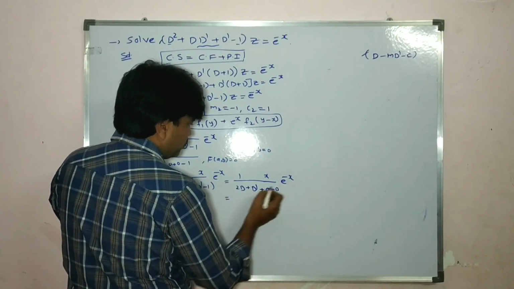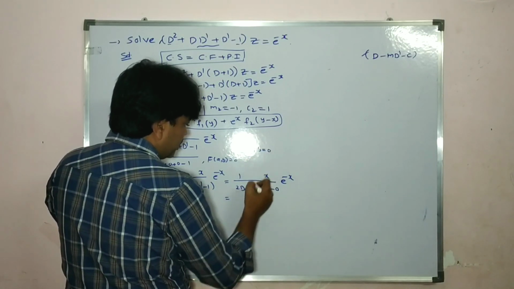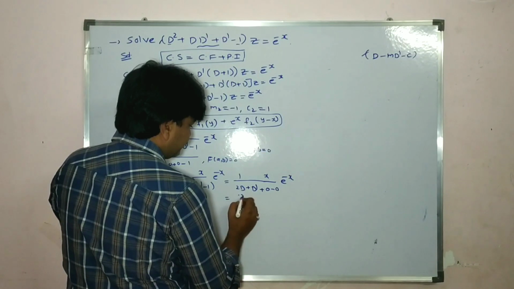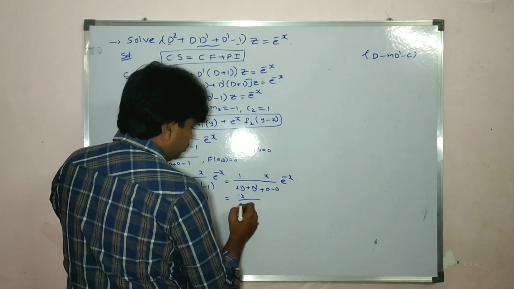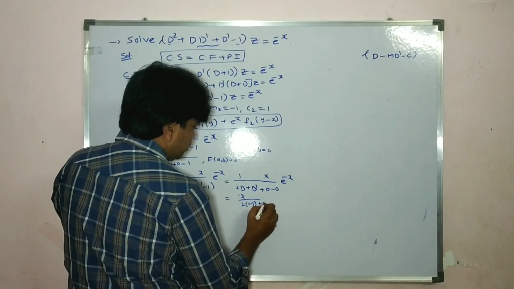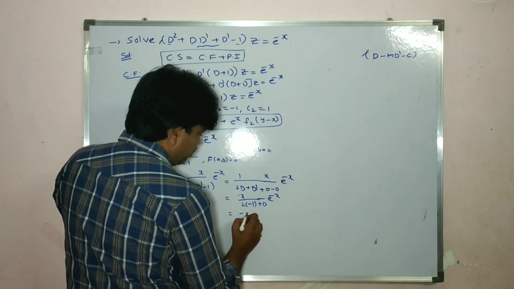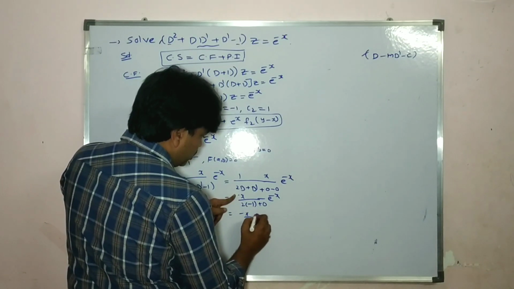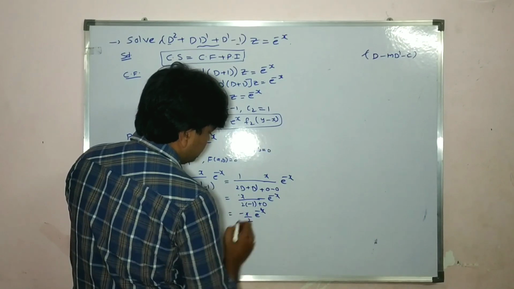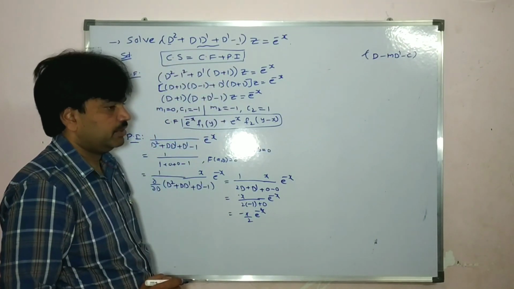Replace d by minus 1, d dash by 0, so you get here x by 2 into d value is minus 1, so minus 1, d dash value is 0, into e power minus x. That is equal to minus x by 2 e power minus x, which is the particular integral of the given problem.